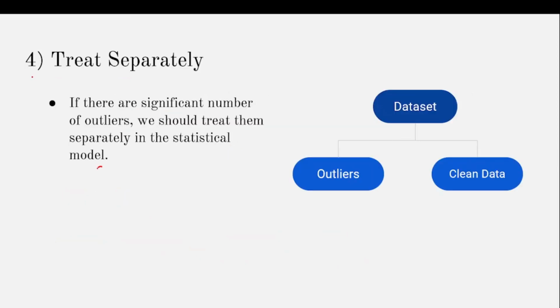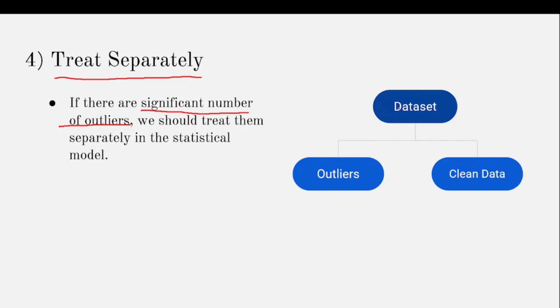Another method of dealing with the outliers is to treat them separately. Now suppose we have a significantly large number of outliers. In this case, we cannot delete those entries, right? Because that will result in loss of a significant amount of data. So what we can do is treat them separately.